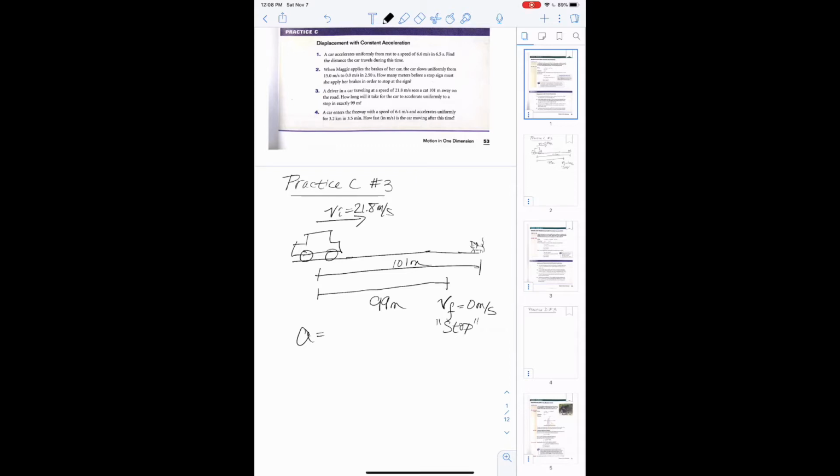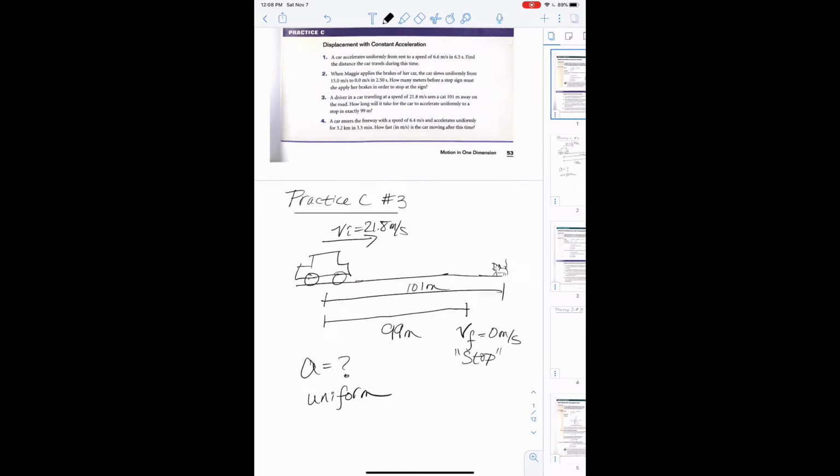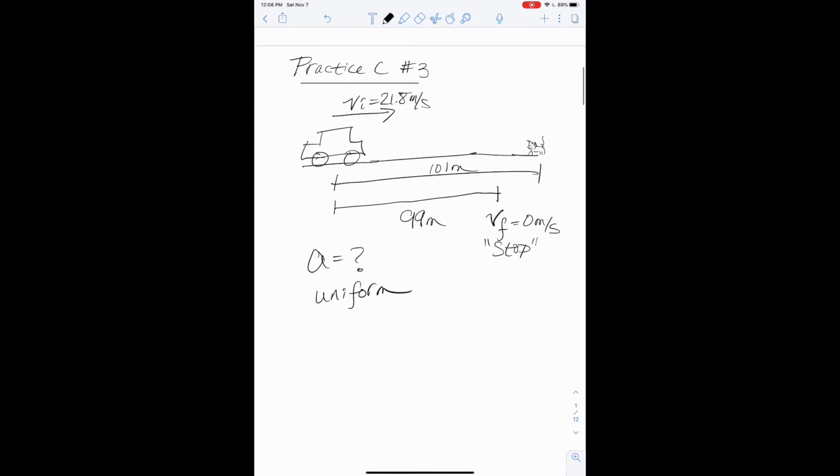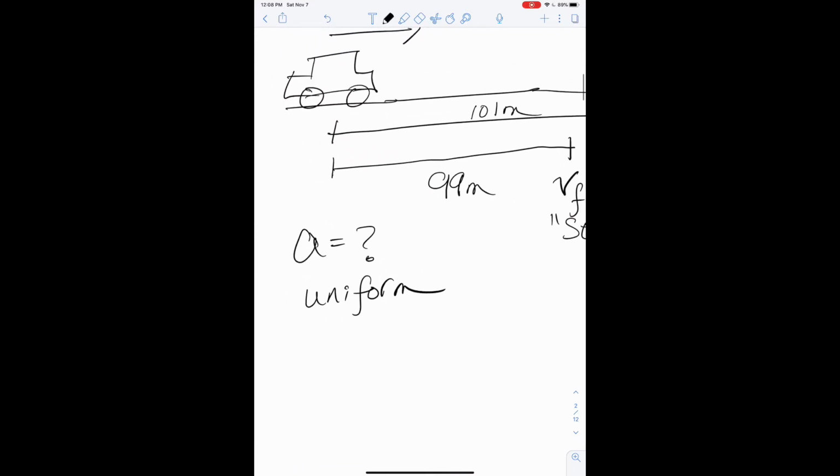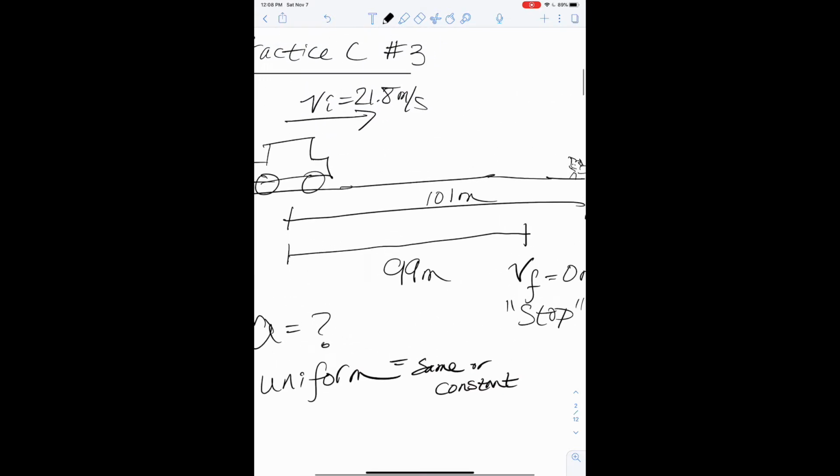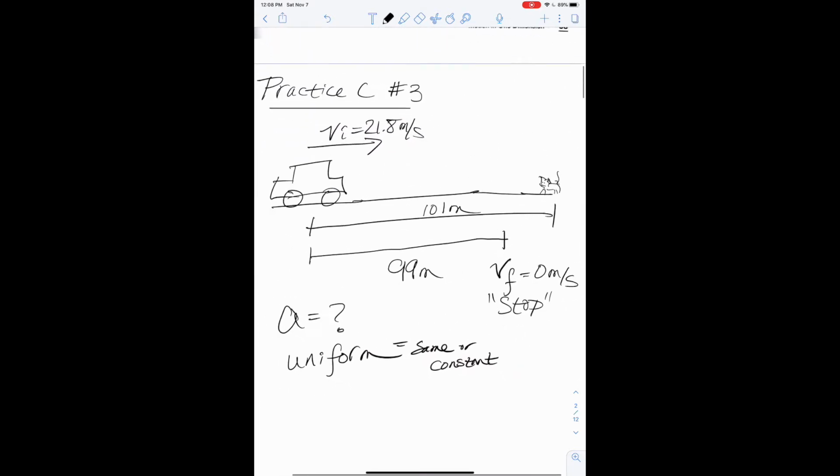But the fact that it's uniform means that it's the same. So it's constant. All right. So that's what we're working with here.